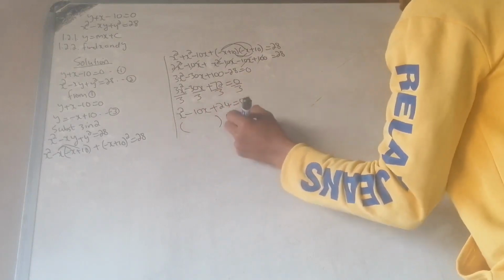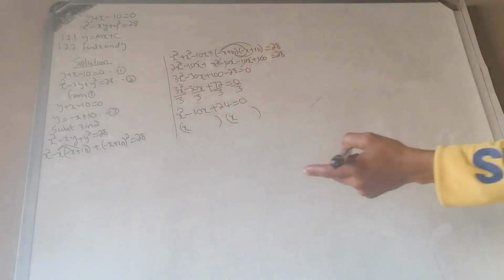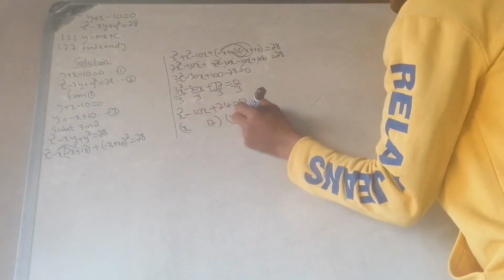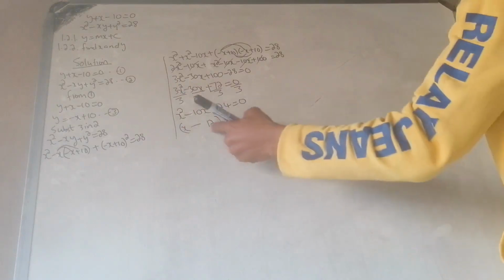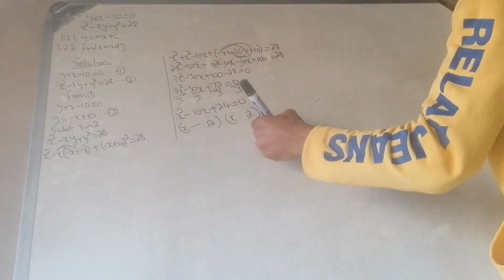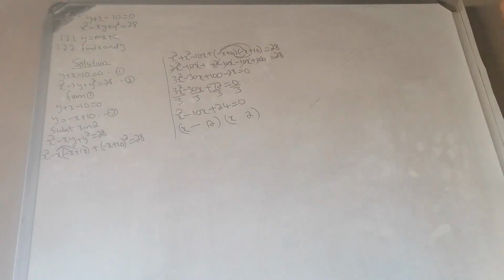I will try and factorize this. The factors of 24 that can give me 10, it's 12 and 2. The bigger number takes the sign of the middle term. When I multiply them, I should get a positive. So there's a problem here. I can't use 12 and 2.